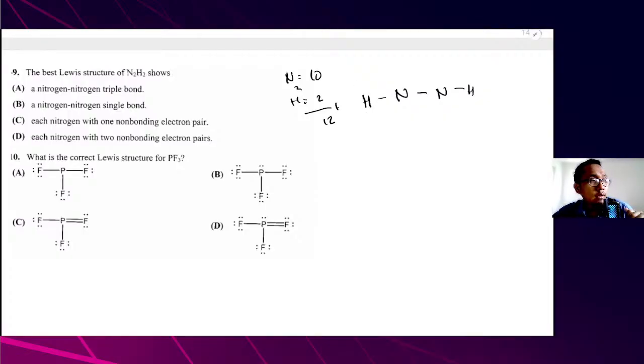Now if we check, each N has 2 electrons from the N and 2 from the NH bond. So we need more electrons to reach the octet over here. 1, 2, 3, 4, 5, 6, 7, 8. Oh, this one. Okay, it will be good.